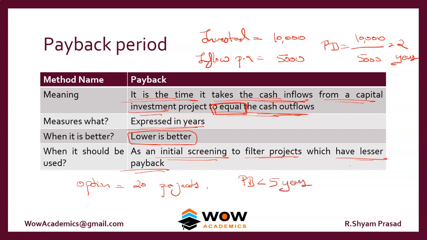All these 20 projects are checked with payback, and now the company would come up with only 5 projects. These 5 projects have a payback of 5 years or less. The other 15 projects might have a payback of 5.5 years, 6 years, 10 years, or 20 years. So those are rejected.